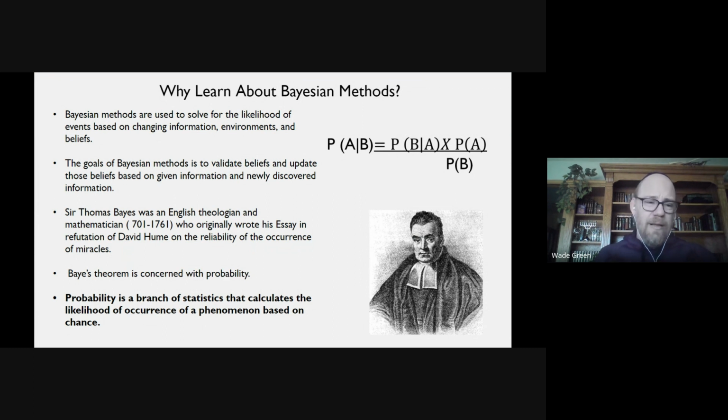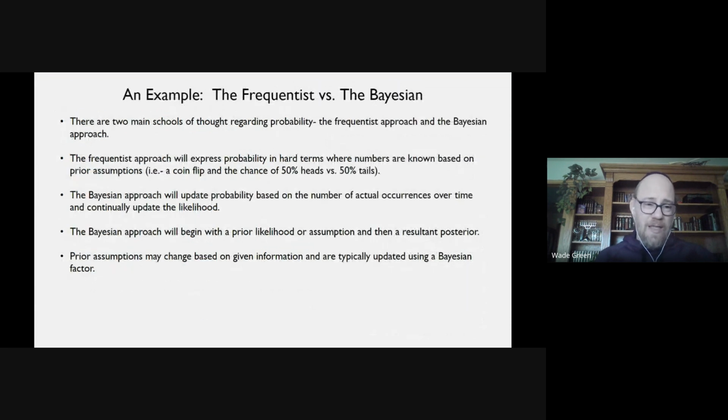So ultimately, probability is a branch of statistics that calculates the likelihood of occurrence of a phenomenon based on chance. And that is a central question that we're going to be asking over the next few weeks: how likely is X, or how likely is Y given X, right? An example that we will end up using takes a little bit of information from orthopedics.